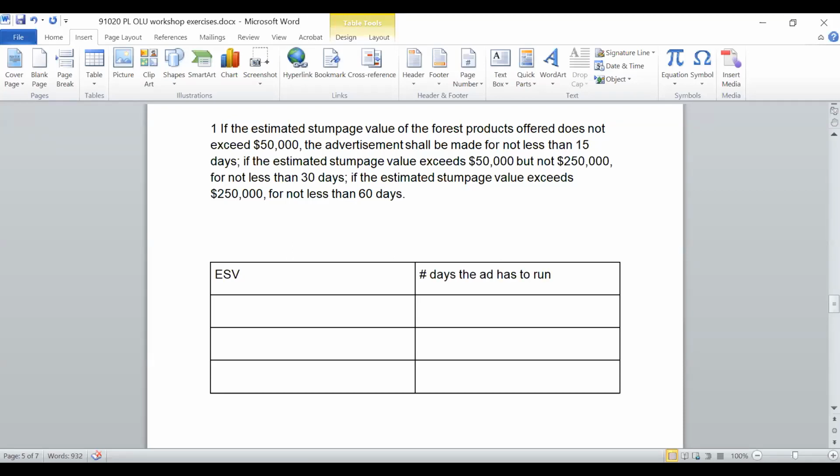I don't know anything about estimated stumpage value except this. So it has to be 15 days. Let's see. I'm guessing I had a correction from a student another time, and I'm hesitant to just write 50 to 250K, but that might possibly work.